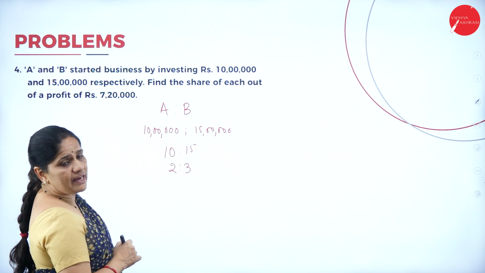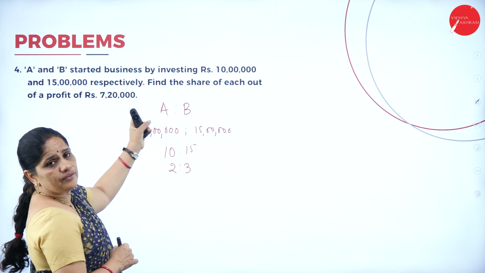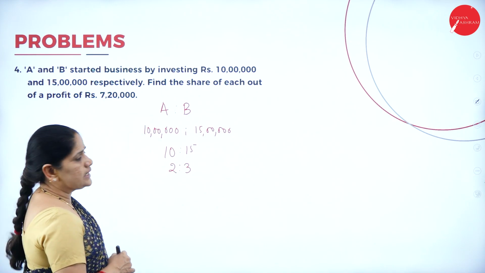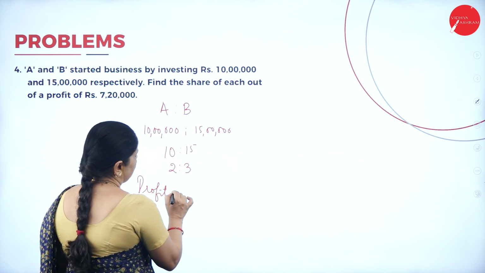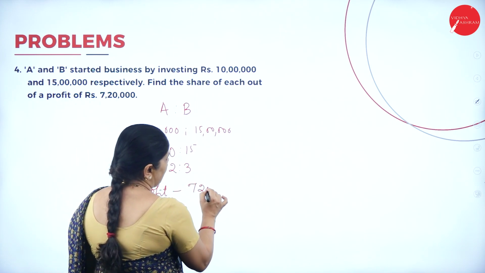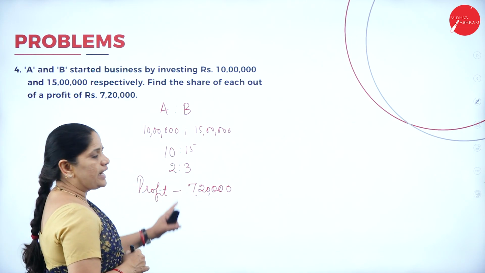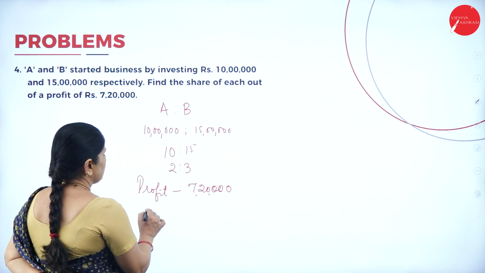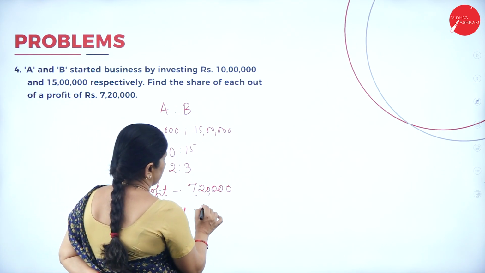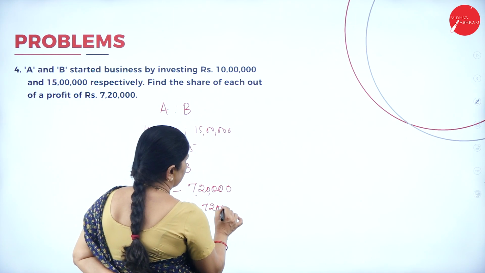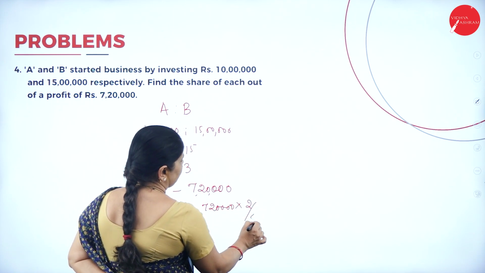Now we have to find the share of profit of each of them for a profit of 7,20,000. Now what is the profit given? Profit is 7,20,000. Now I have to find the profit of A. So A's profit equals 7,20,000 into 2 by 5.